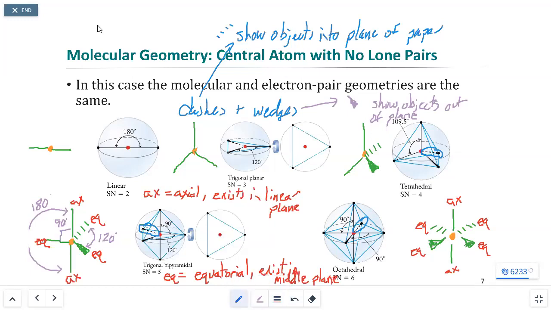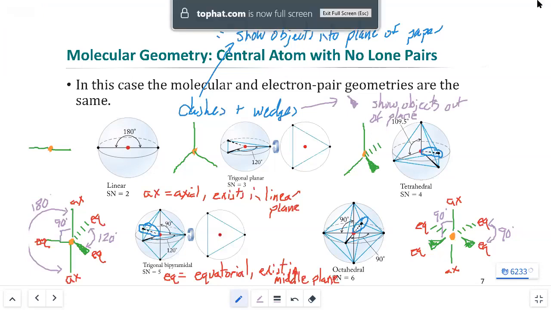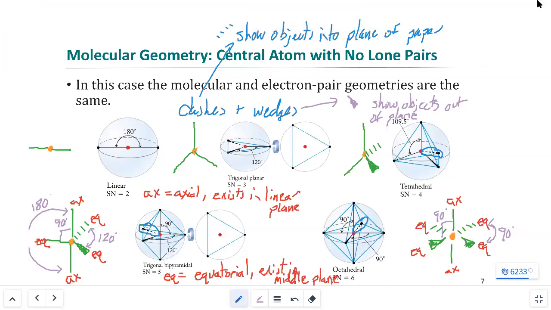Now, what's unique about this, unlike the trigonal bipyramidal, at least initially, all of the positions are equivalent again. All of them are 90 degrees apart.